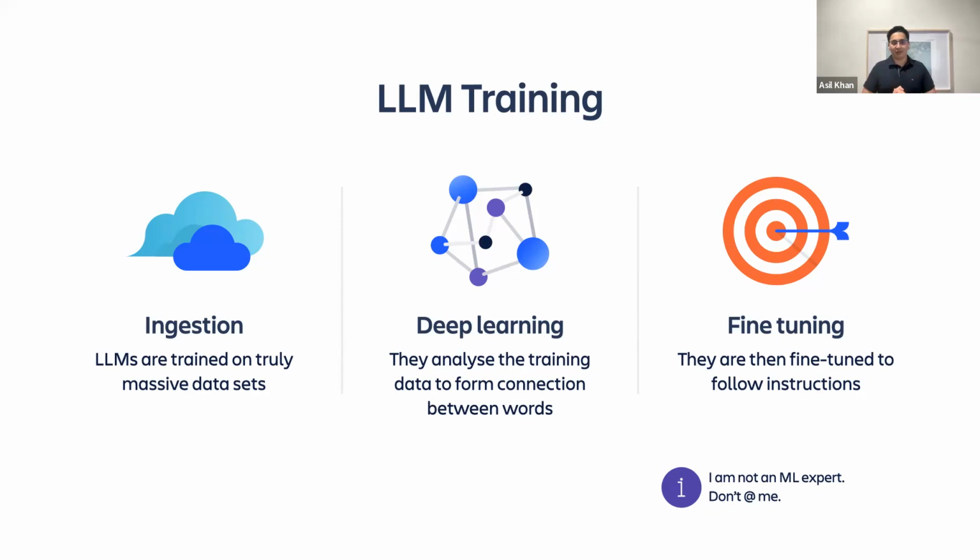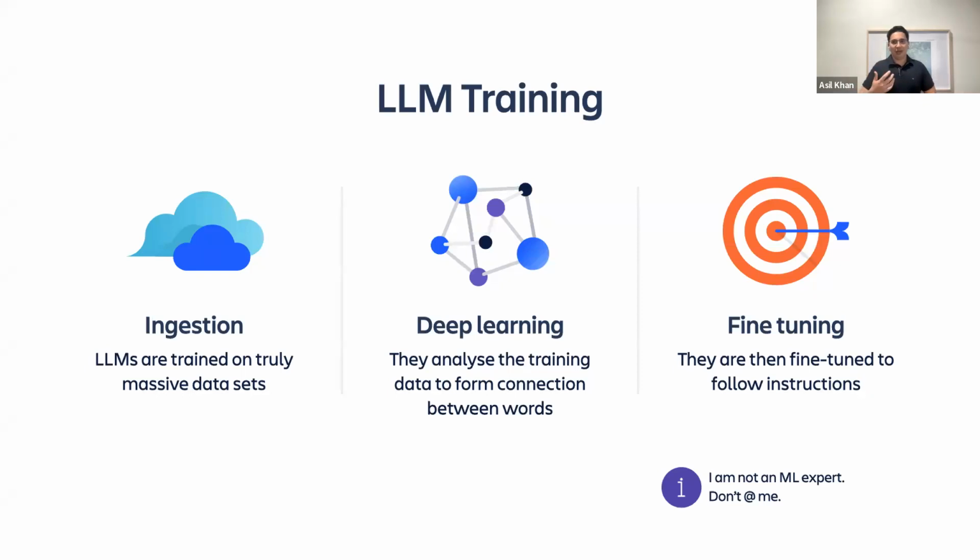After that, in the case of an LLM like ChatGPT, the vendors fine-tune it to be able to follow instructions and act like it's engaging the user in chat. I'm not really an expert in machine learning. This is my understanding. I may be wrong about some of these parts, but I believe that's the broad strokes.